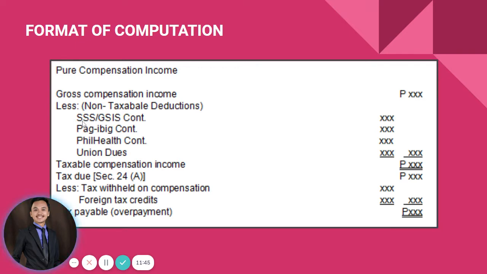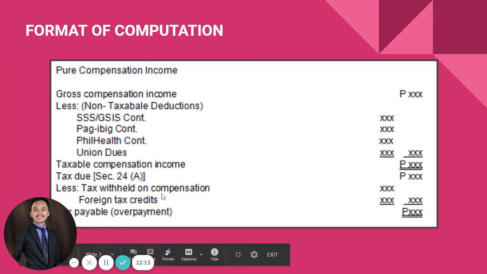Only SSS for private or GSIS for government employees, Pag-ibig, PhilHealth contributions, and union dues will be deducted from your gross income to compute for your taxable compensation income. Okay? After computing for your taxable compensation income, then you will now compute for the tax due using the table in Section 24A. So that will be your tax due.